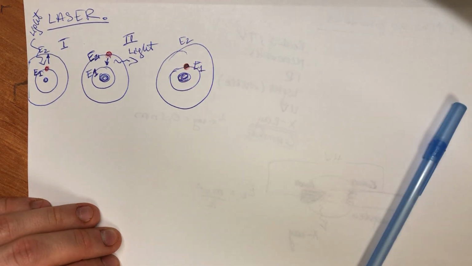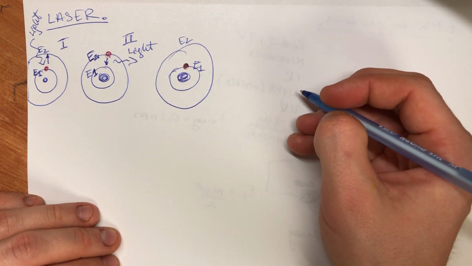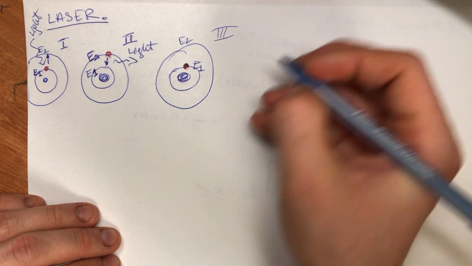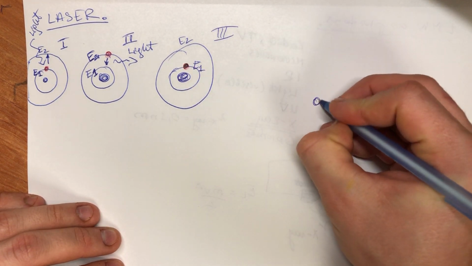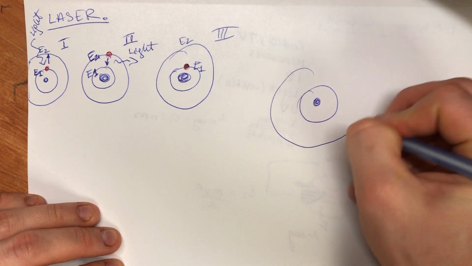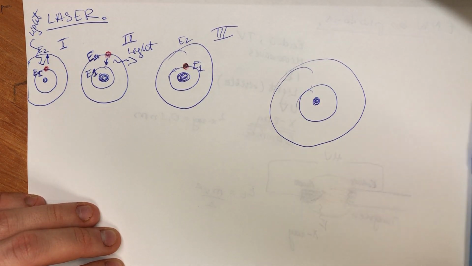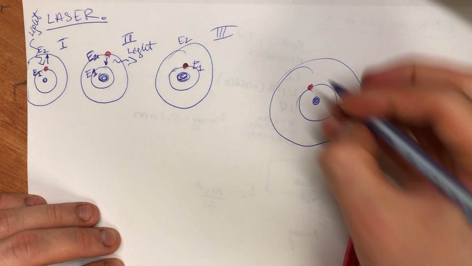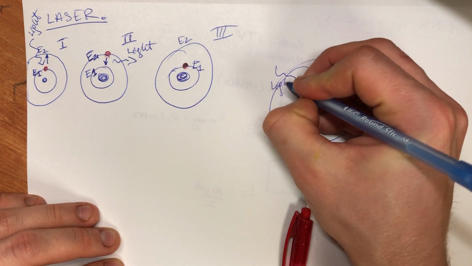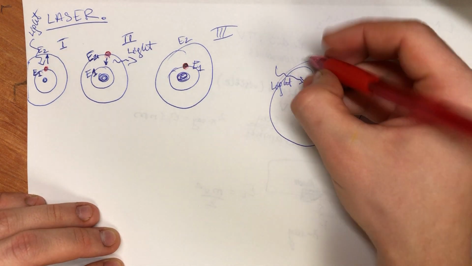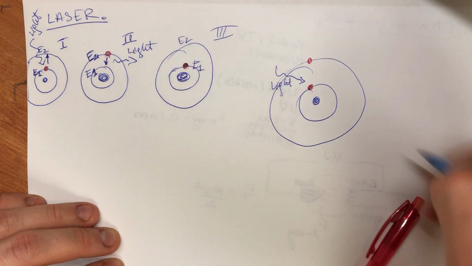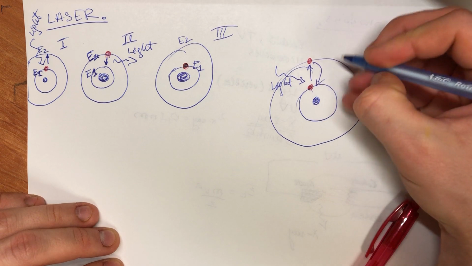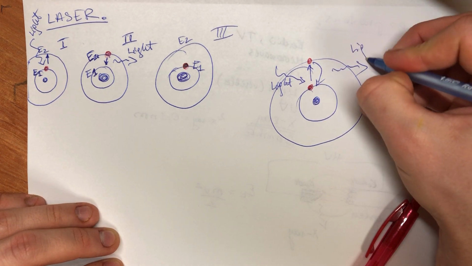So the electron absorbs light. The electron was here, it absorbed light, went up here, and then after some time went back down and emitted this light.